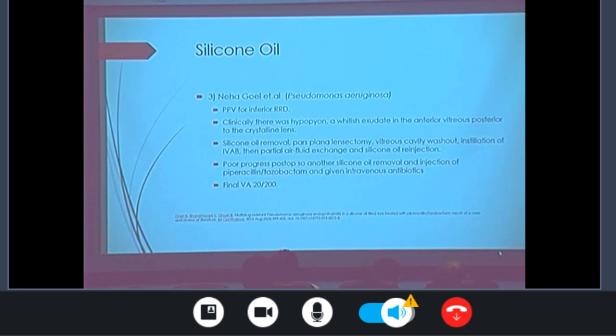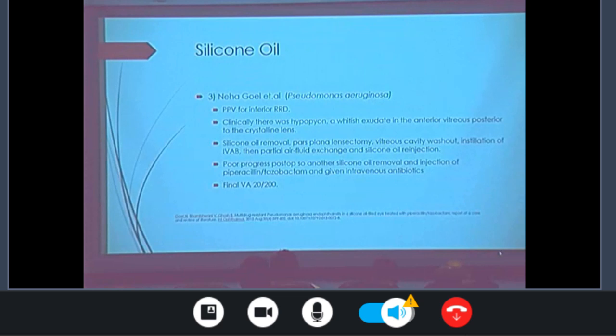There was a hypopyon, and there was a whitish exudate trapped between the posterior capsule of the lens and the surface of the bubble. So it was managed conventionally with silicone oil removal, pars plana lensectomy, vitreous cavity washout, and instillation of antibiotics.